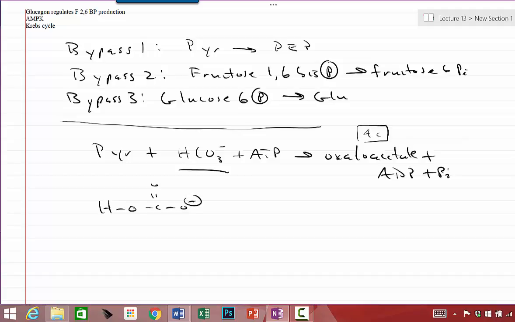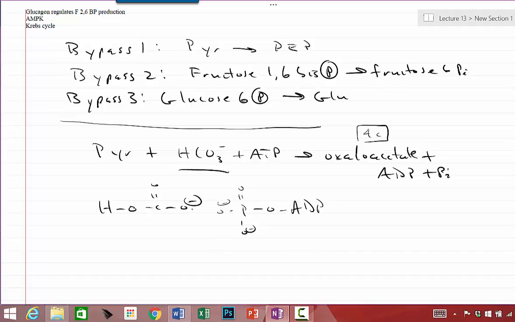That's the structure of bicarbonate. And then we've got ATP. I'm just going to write this in an abbreviated form. That's the terminal phosphate, the gamma phosphate, and that's attached to ADP. So altogether, this is ATP.